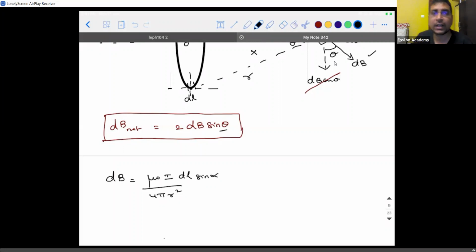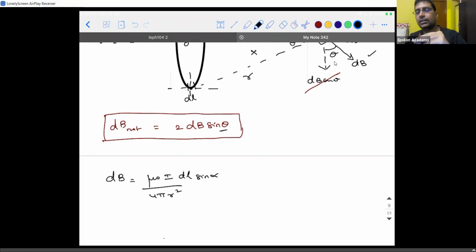So let me take another object. Listen. This is the direction of DL vector, because with respect to me, current is flowing in anti-clockwise direction.